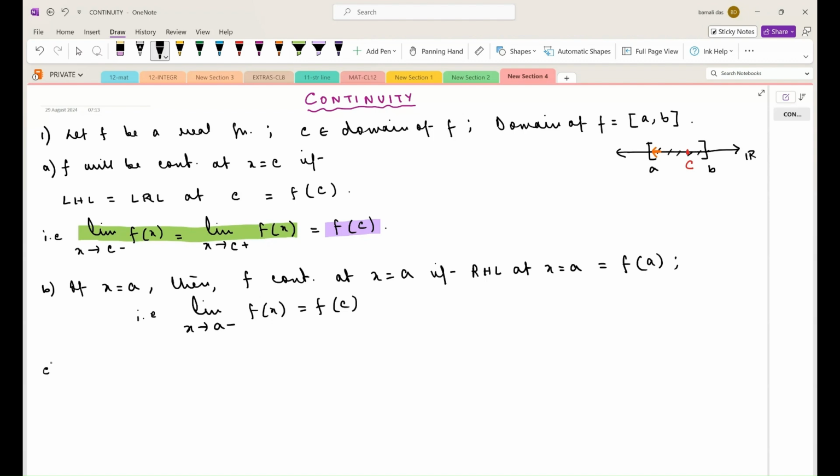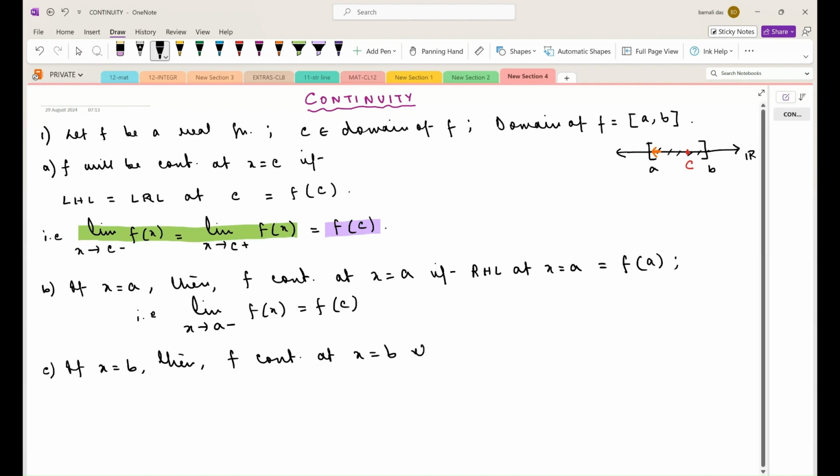Similarly, if x equal to b, then f is continuous at x equal to b if only the left hand limit equals the functional value. That is, the limit as x approaches b from the left equal to f(b).